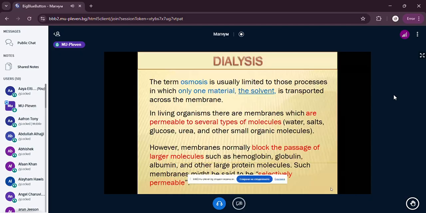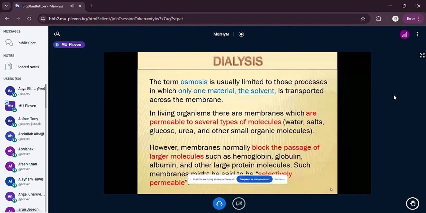It is called, in this case, selectively permeable, in contrast to the semipermeable membrane in osmosis, where only two types of molecules are involved. Here we have several molecules that can cross. That's why the membrane is called selectively permeable. In biophysics, we'll use another term, permselective. This is also possible, permselective.